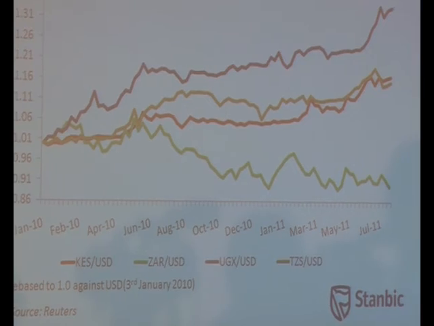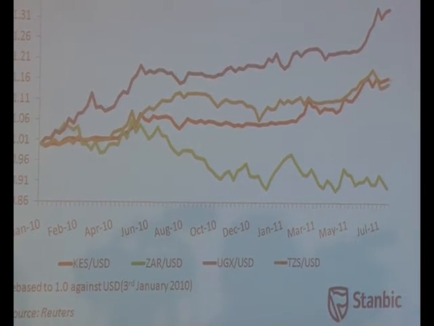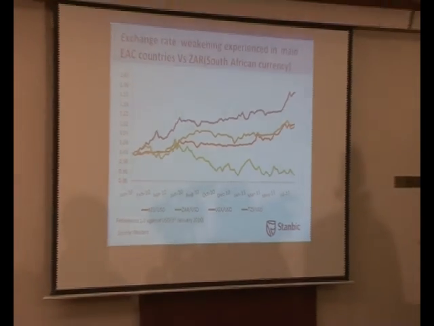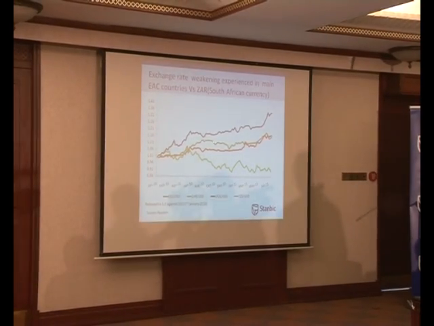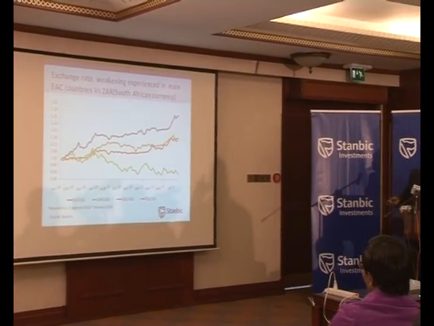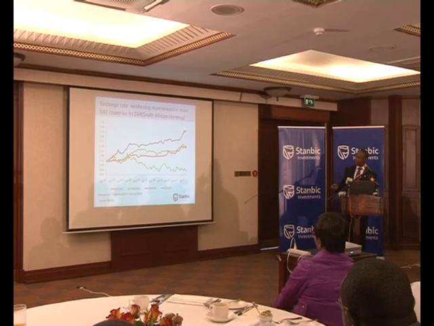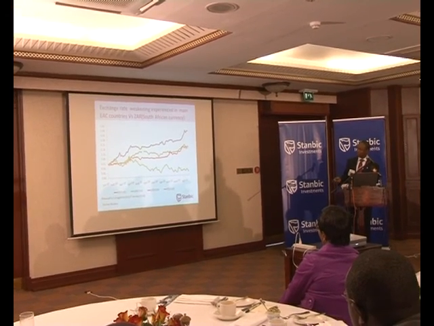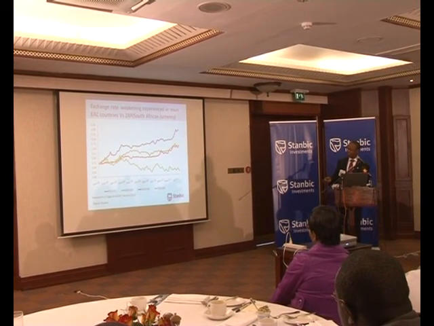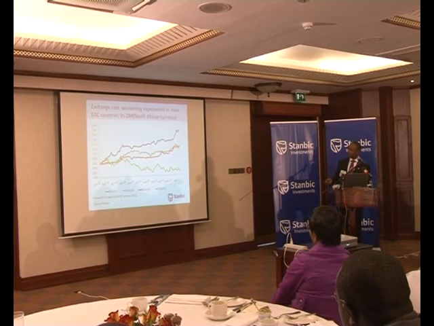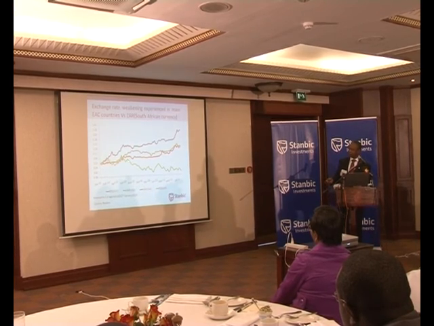This graph here basically shows the performance of the Kenya shilling against the Tanzanian currency, the Ugandan currency, and the South African rand. And all of this is based in shillings. So you have the performance of the Tanzanian shilling against the dollar, the performance of the Ugandan shilling against the dollar, and the performance of the South African rand against the dollar.